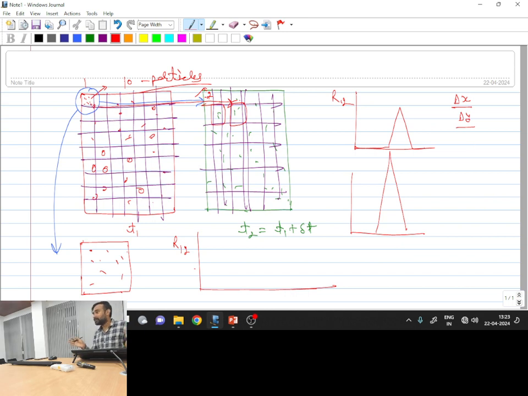And what is that velocity? That velocity is applicable at corners of this grid or at the center of grid, whether you use vertex centered or cell centered approach. Depending upon that, you are not getting velocity because of the location of the individual particle motion. You are getting velocity because of these grids.